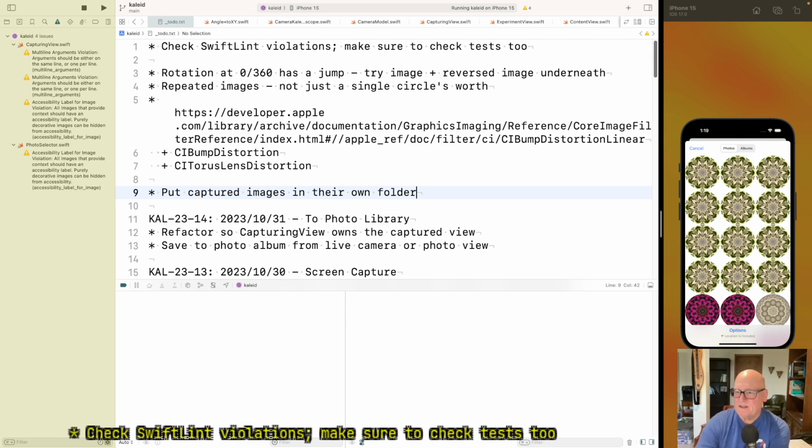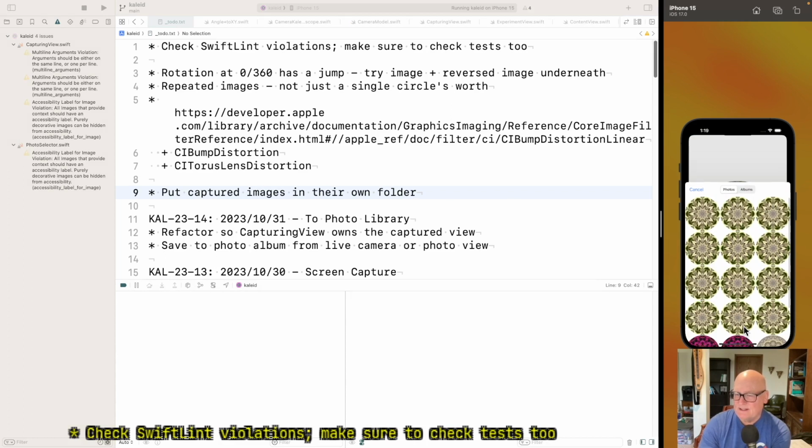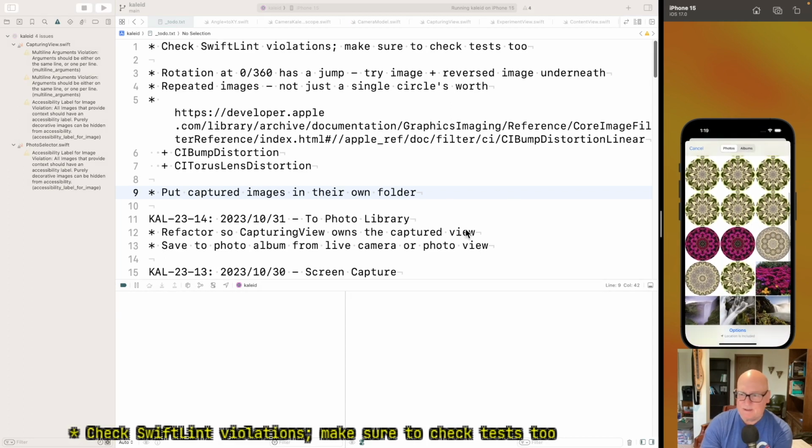But yeah, because you potentially could capture a bunch of these like I have here, and they're all just Kaleidoscope images. It'd be nice to have them, was it notebook? Whatever that term is, it would be nice to have them all under one thing just as a user. I don't need a million photos like that.